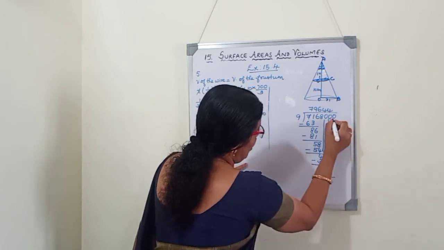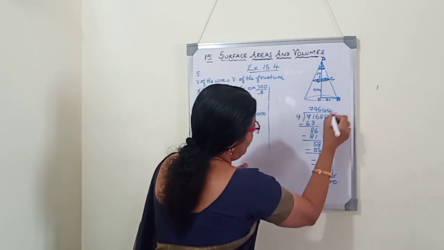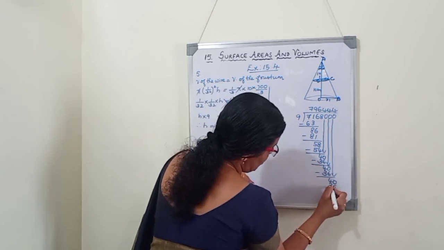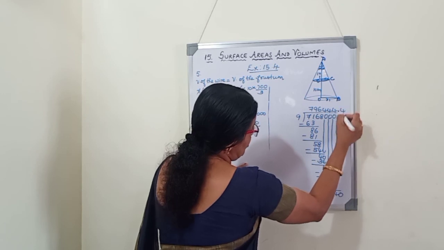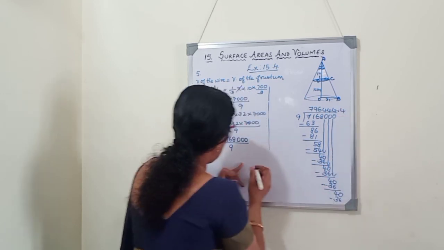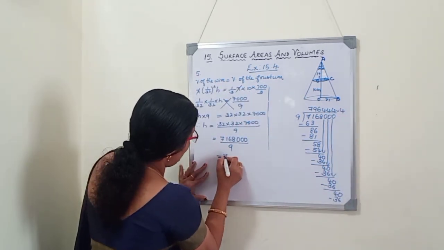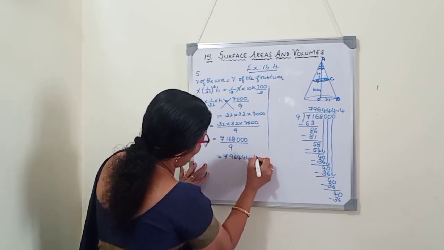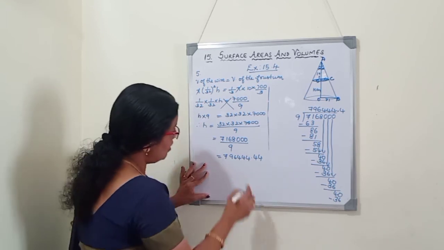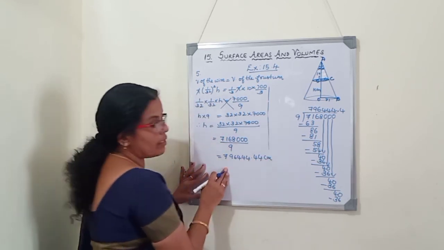Remainder 4. The last 0. 9 4s are 36. Remainder 4. 40. Again we will get 9 4s are 36. This will continue. So 796444.44. This is in centimeter. This is the length of the wire.